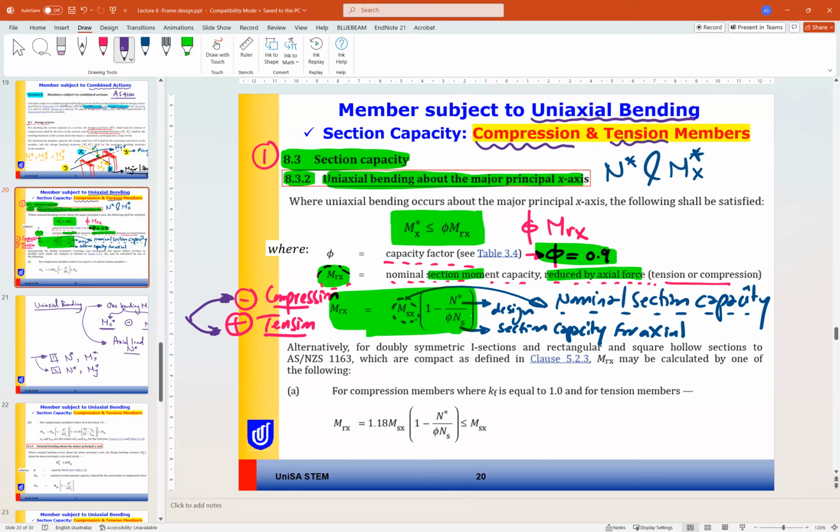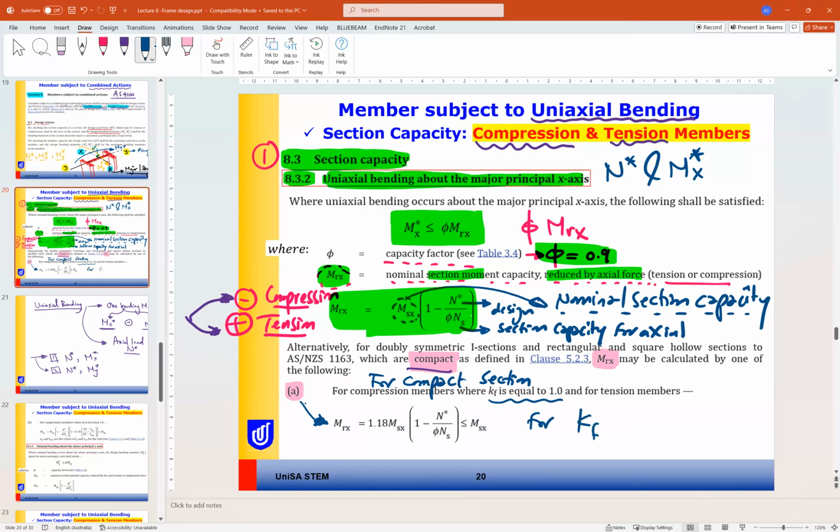Okay, alternatively, for a doubly symmetric I section or square hollow section, when the section is compact, we may have another option to find Mrx using one of the cases we have. So if the section is compact, Mrx can be found using the first case here when Kf is 1.